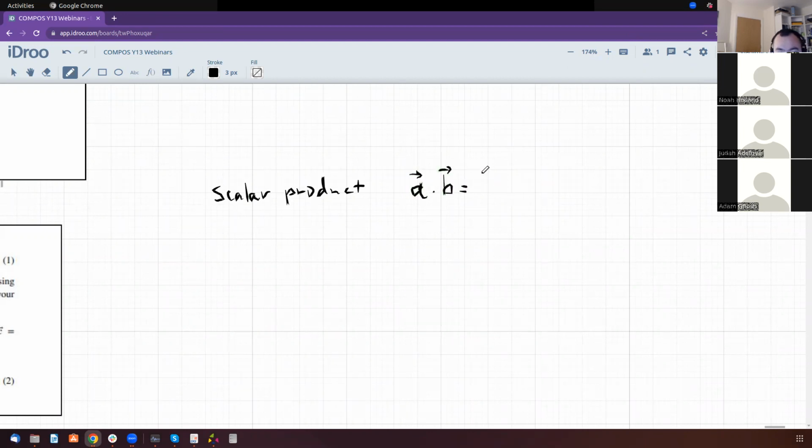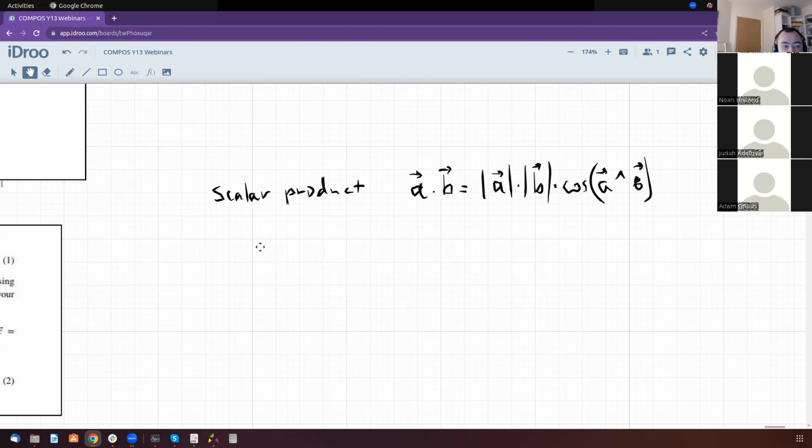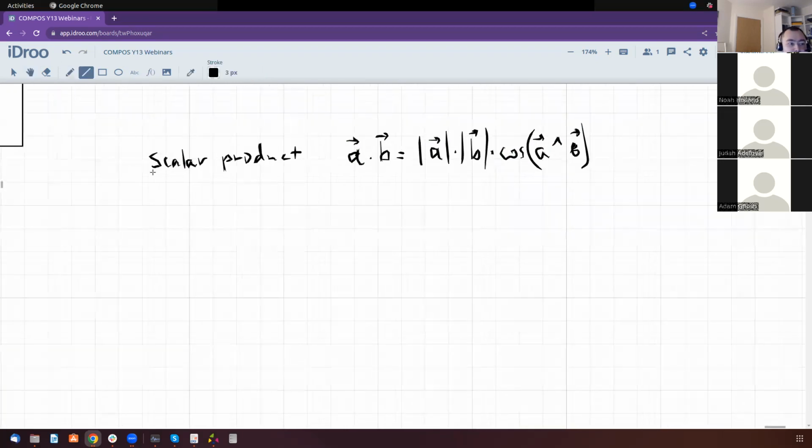That's defined as the modulus of vector A multiplied by the modulus of vector B multiplied by the cosine of the angle between them. Okay. Why is it called a scalar product? Can somebody tell me?